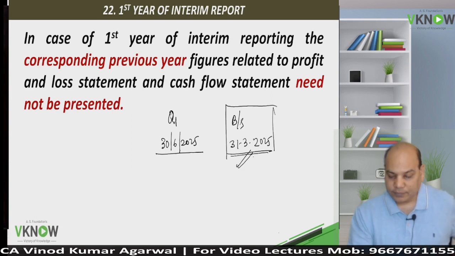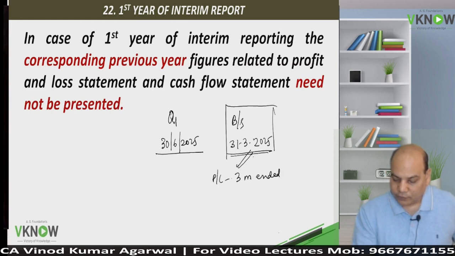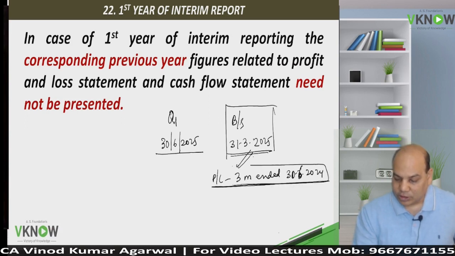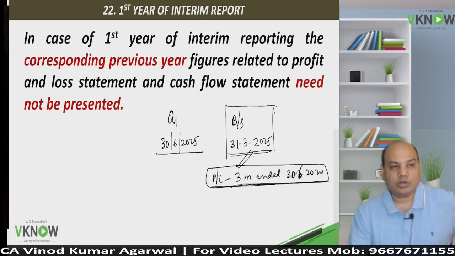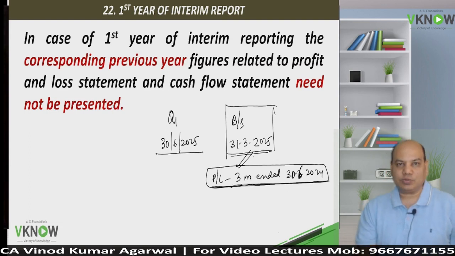But you need not give the P&L account for the 3 months ended 30th June of the previous year because you had not prepared this P&L account last year. It will require a lot of time and effort to calculate all the figures again. You have to open the previous year's books of account. So one-time relaxation is given. You need not prepare the P&L account and cash flow statement of the previous year if it is the first year of interim report.